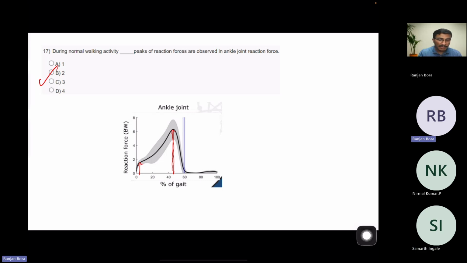Yeah, we are seeing only these 2 peaks, right? Because I thought that because it is originating from 0, it might not be a peak, and 80 to 100 might be another peak. That's what I thought.